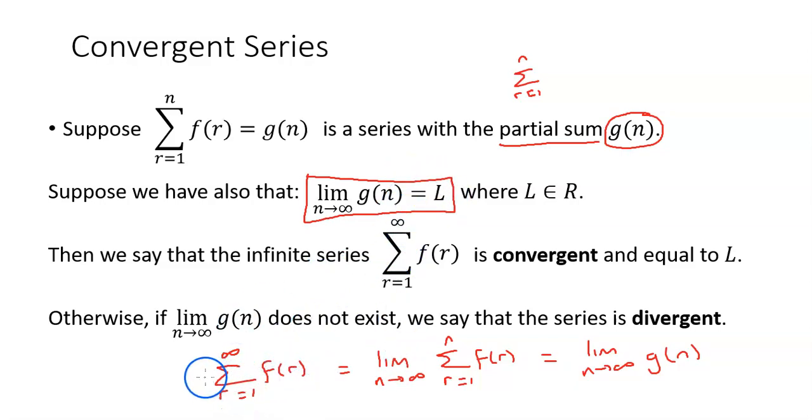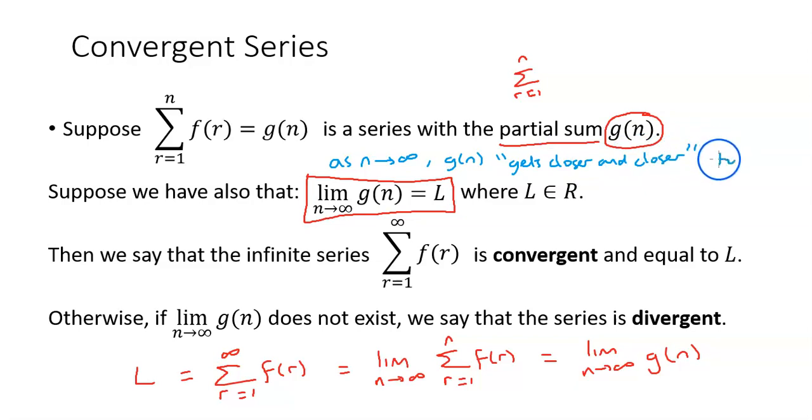So you can think of it as summing to L. The more of these f of r terms we add on, the closer and closer it should get to L. So as n gets to infinity, g of n gets closer and closer to L.